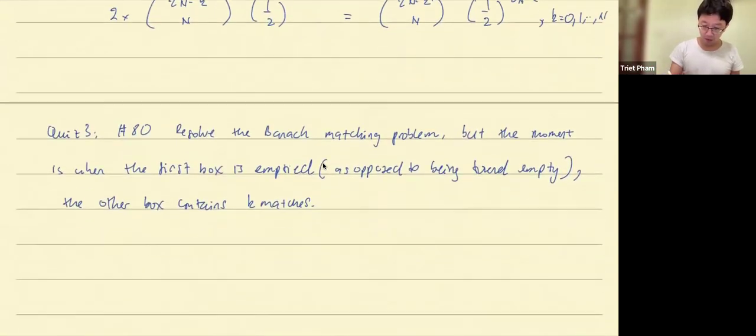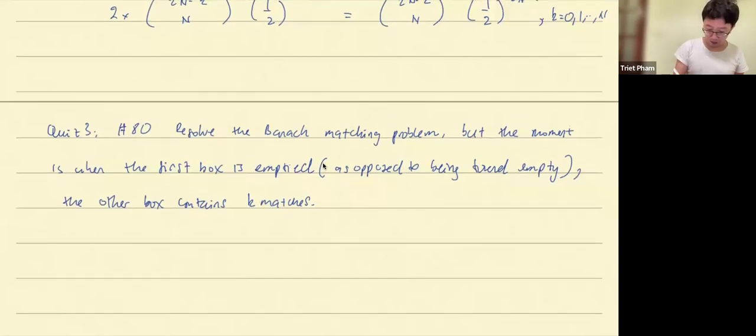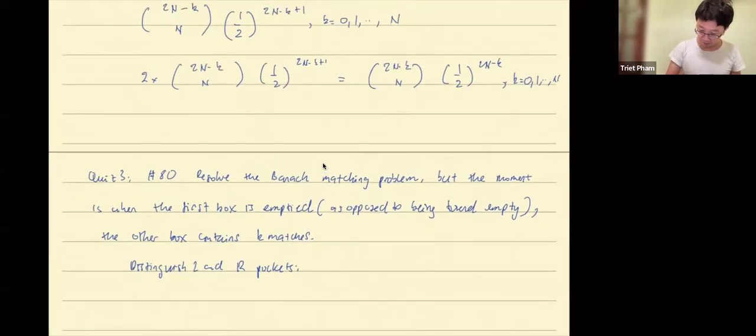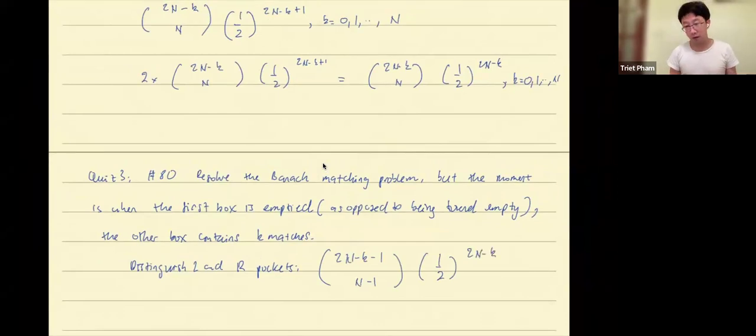meaning that everything is done with, and then we have to subtract one here. So the answer is something like, if you distinguish the left and the right pockets, then the answer will be 2n minus k minus 1 choose n minus 1, and then 1/2 to the 2n minus k. Again, because you only reach into the left box n times, the previous n minus 1 times must be reserved.